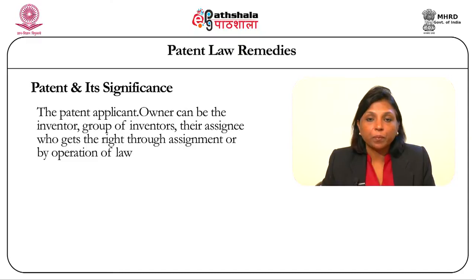There is another angle to this, and that comes through voluntary license. The reason I say voluntary license and the reason why I bring it into this patent law remedies is because the patent law very clearly gives rights to the exclusive licensee to sue, just like he is the patent owner.